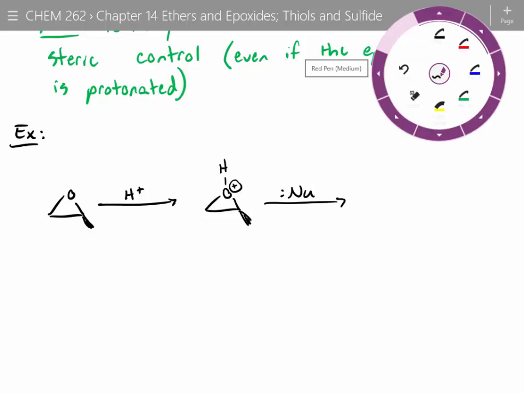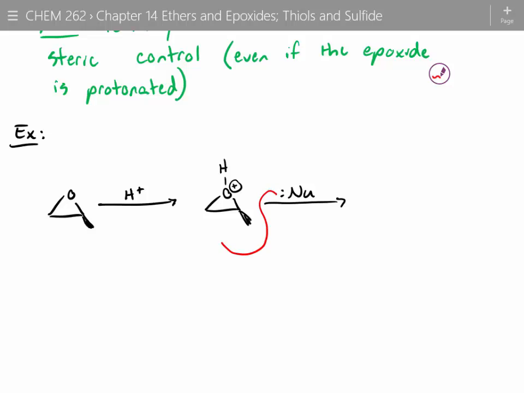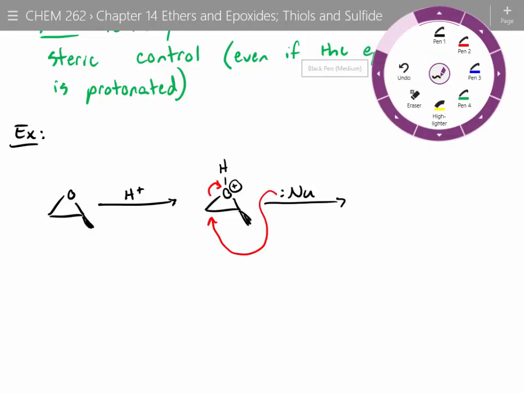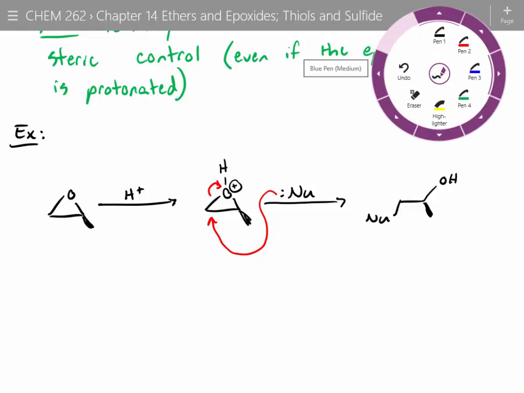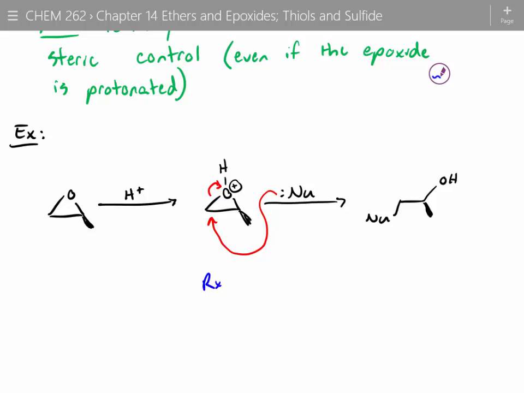So this is an example of where sterics wins over electronics. So the reaction is under steric control.